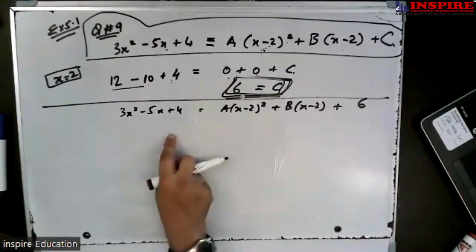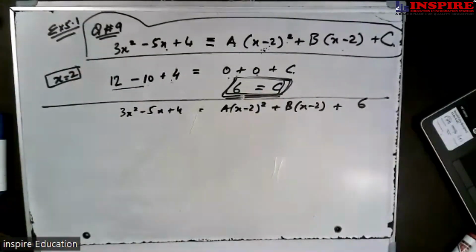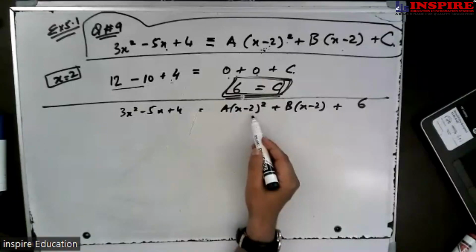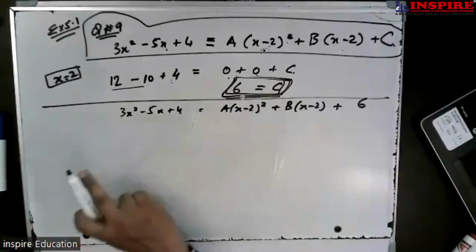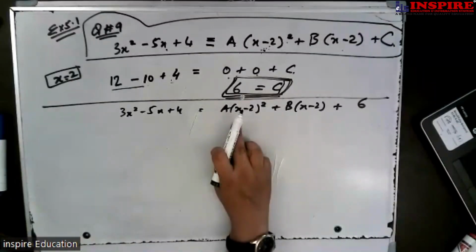Now I look at this and I say I don't have an independent x. Like in example number 1 from the Add Math book, I was able to take x is equal to 0.